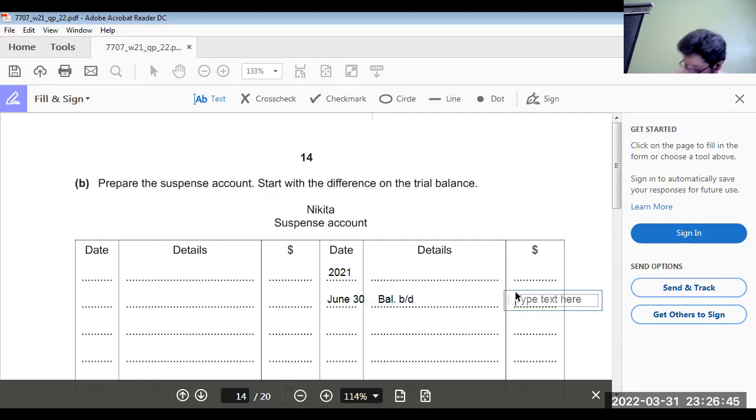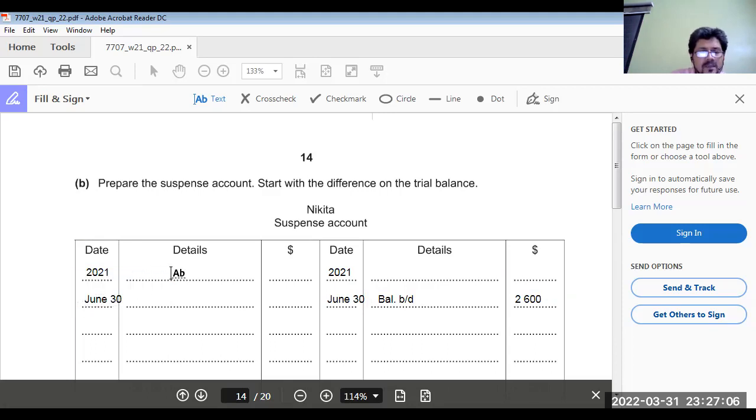That was how much? $2,600. Now the same date. The date would remain the same throughout the T account. 2021, June 30.